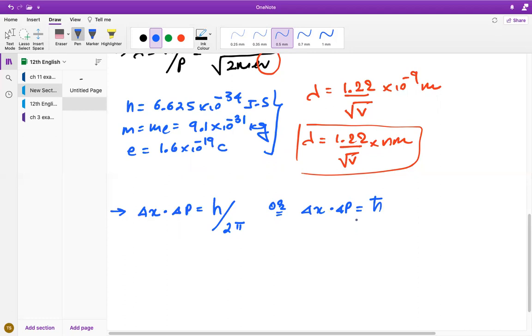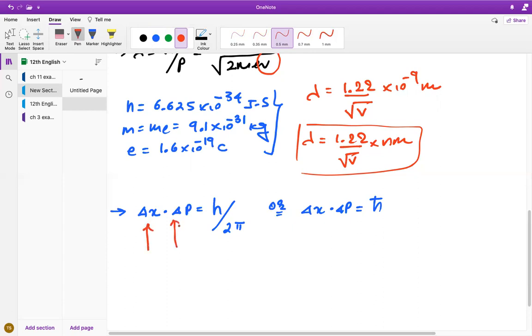We are aware of h from chapters 13 and 12, Planck's constant, but h bar is used in quantum physics. Okay, h bar is h upon 2 pi, and let's leave the rest because the quantum part is quite a tough part.